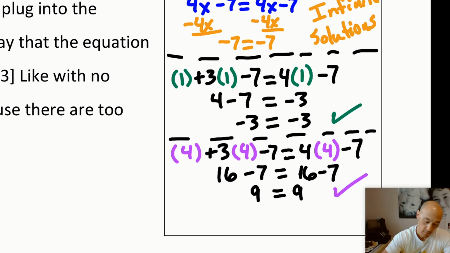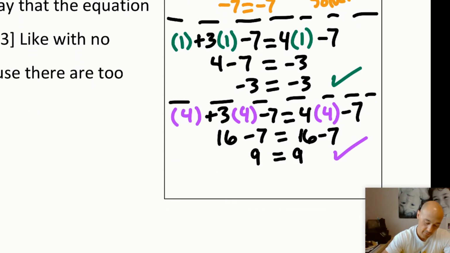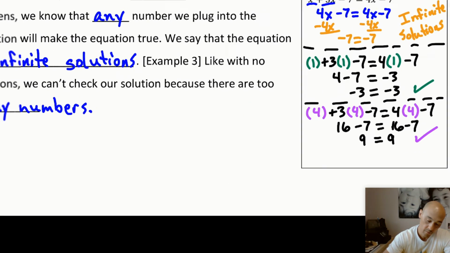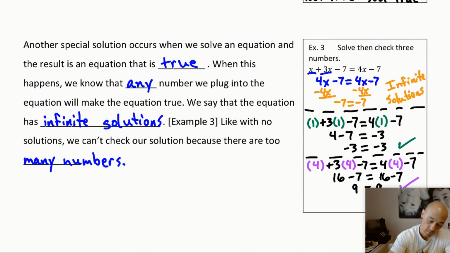I didn't give us enough room here. Let's just do it off to the side over here. So let's try negative 2.